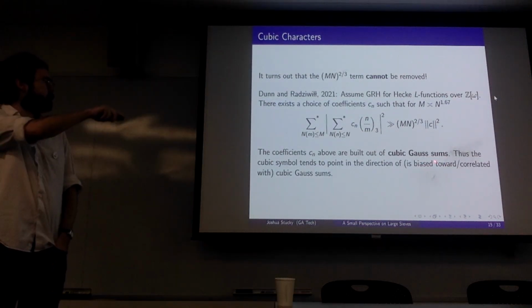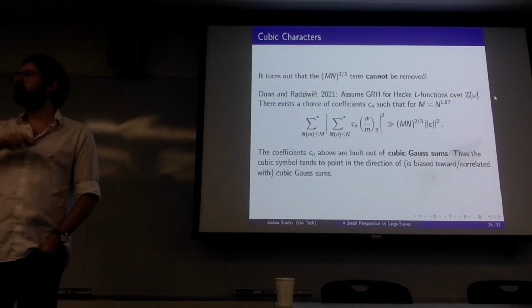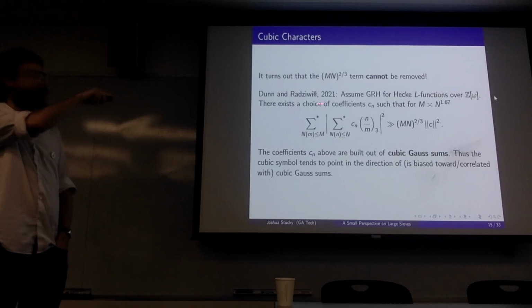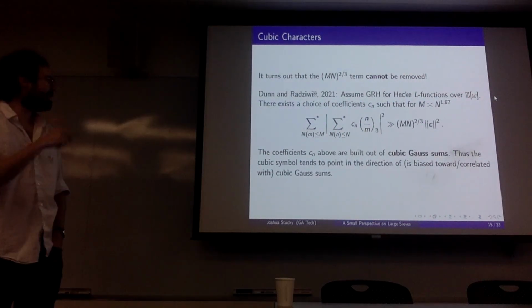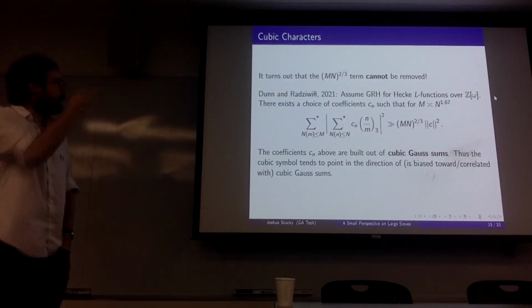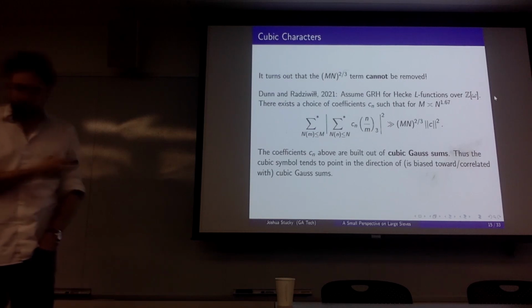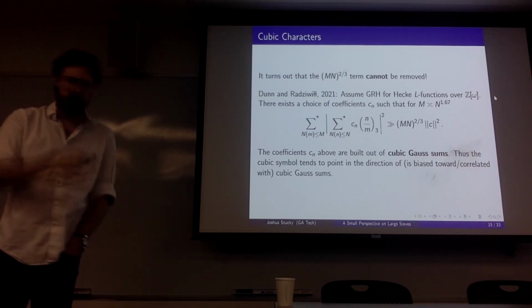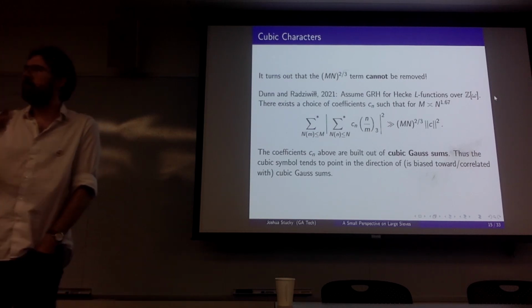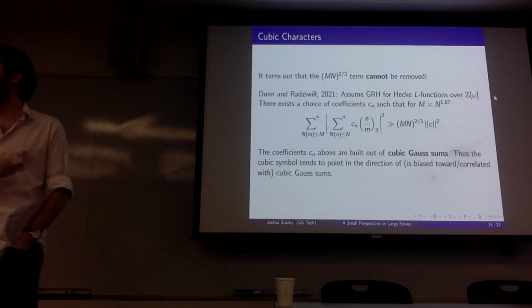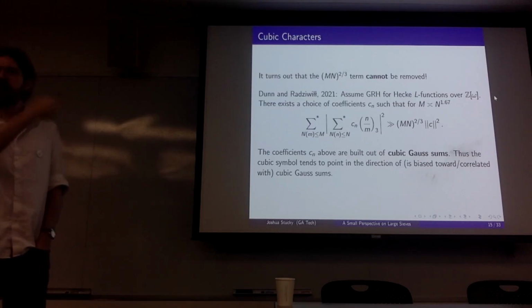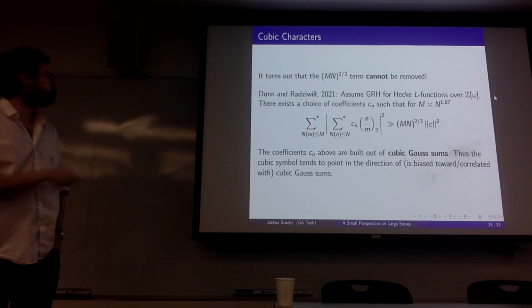Or rather, maybe there's a bias in cubic Gauss sums themselves, and that's what the title of the paper they wrote is about. Okay, so in any case, you have this non-orthogonal large sieve. It fails to be orthogonal not for some silly reason, but for a fairly deep reason, that you have this bias in cubic characters.